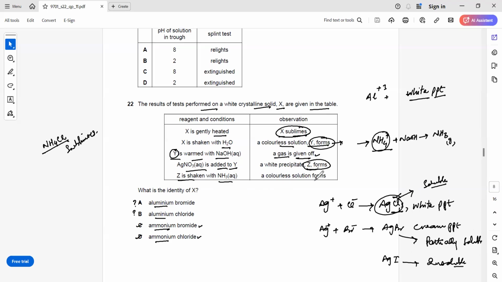So they are saying a colorless solution forms. That's the confirmatory test of this chloride. So which option? D is correct, right? Is it clear about these ions, the identification of ions? And now let's move on to the next question.